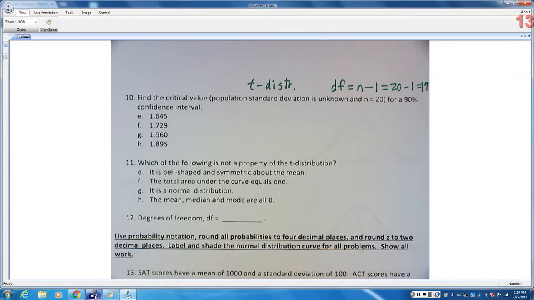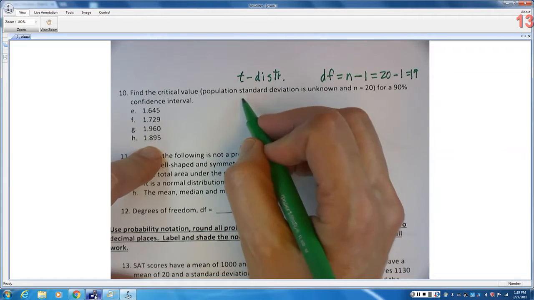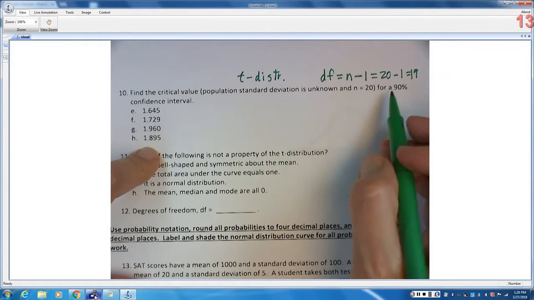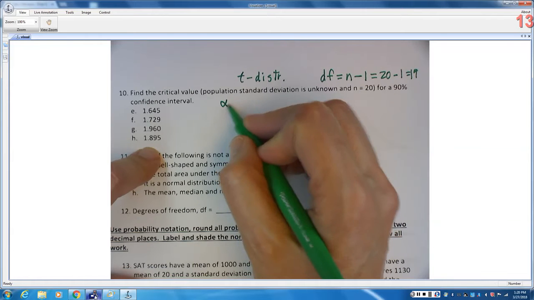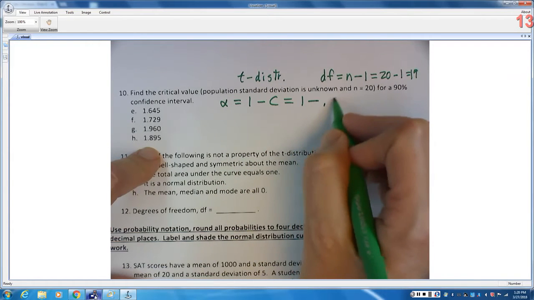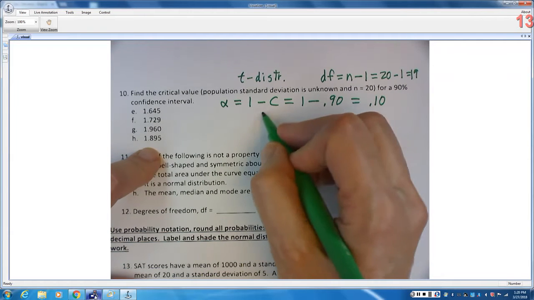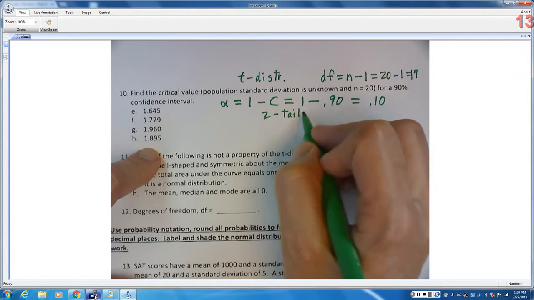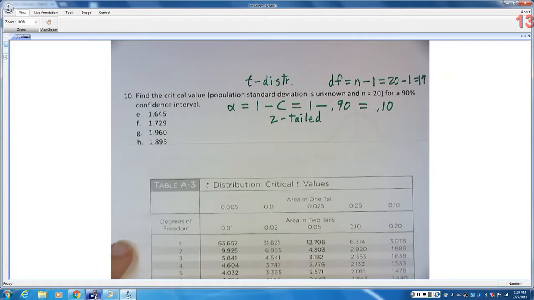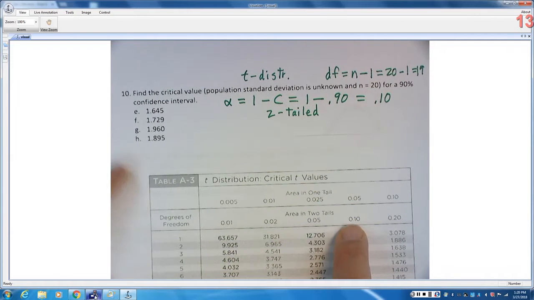So when it's a t distribution, that's for a mean, when we don't know sigma. We find the degrees of freedom, and we find our alpha. This is to use the table. Alpha is 1 minus c. 1 minus 0.9 is 0.10. And it's two-tailed. Confidence intervals are always two-tailed. So we look, area in two tails is 0.10.